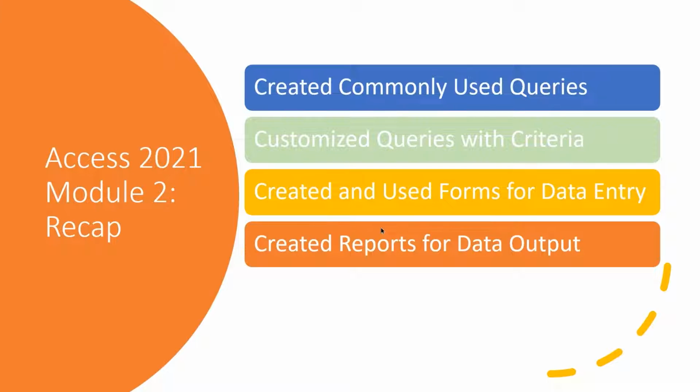After that, we went into creating and using forms for data entry. We created forms using the Form Wizard, and from Design View, we even created a form by using the Save Object As method. We saw the different form layouts, Form View, Layout View, and Design View.